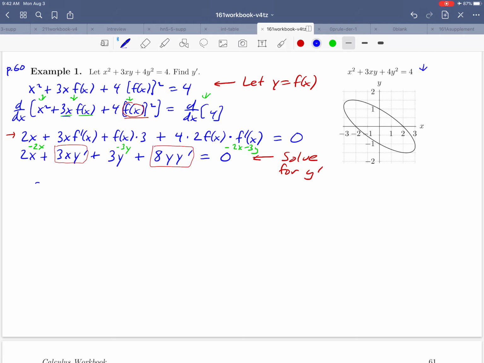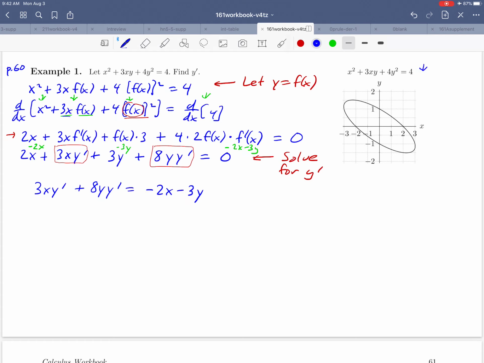We can do that if we do it to both sides. And if we do that, what's left over on the left side is just 3xy prime plus 8y prime. And then the 2x and the 3y that we subtracted over are going to become minus 2x minus 3y on the right side of the equation. So what we've done is just to get all the terms that have y primes alone on the left-hand side of the equation. What do we do now?